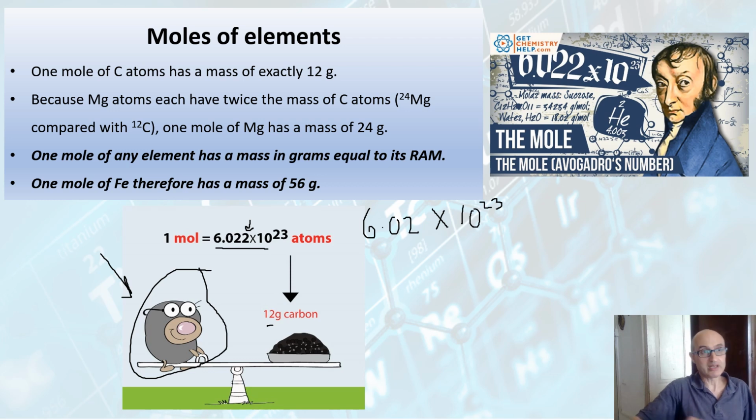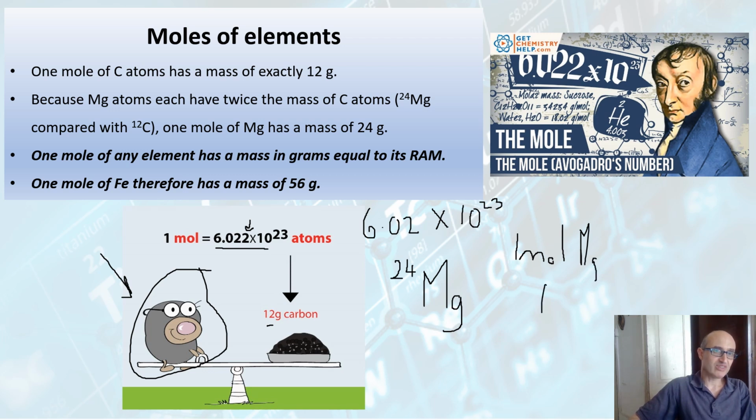If I had to take magnesium, remember what I said about determining how to find the mass of a mole of atoms. Magnesium has a relative atomic mass of 24. All I have to do is say, listen, 1 mole of magnesium is equal to what? It's equal to 6.02 times 10 to the 23 atoms of magnesium.